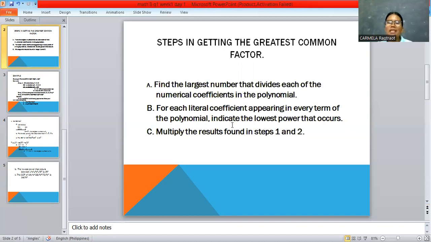Number 2, for each literal coefficient, the variables, in every term of the polynomial, choose the smallest exponent. And then, you are going to multiply the result of A and B. So that is your answer.